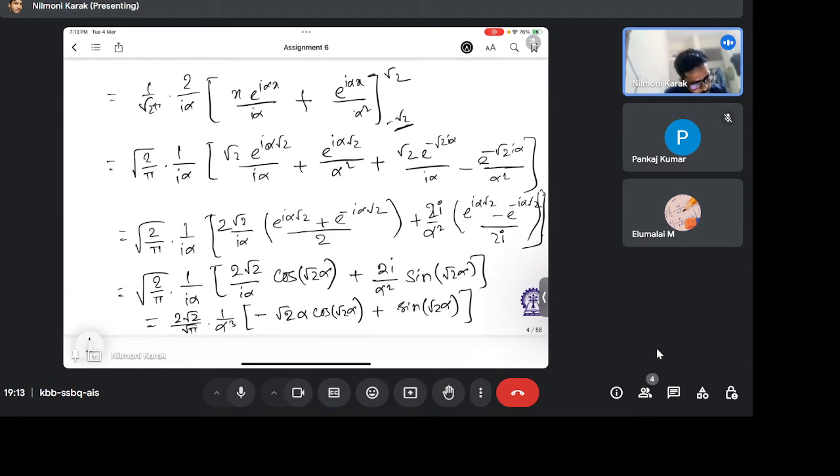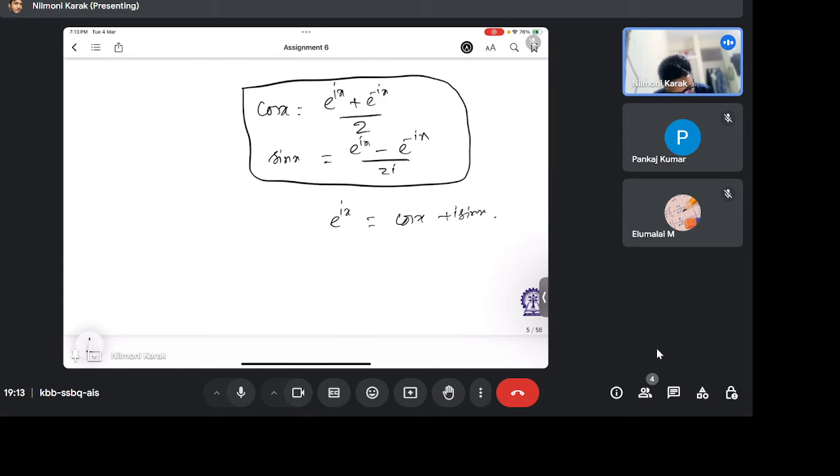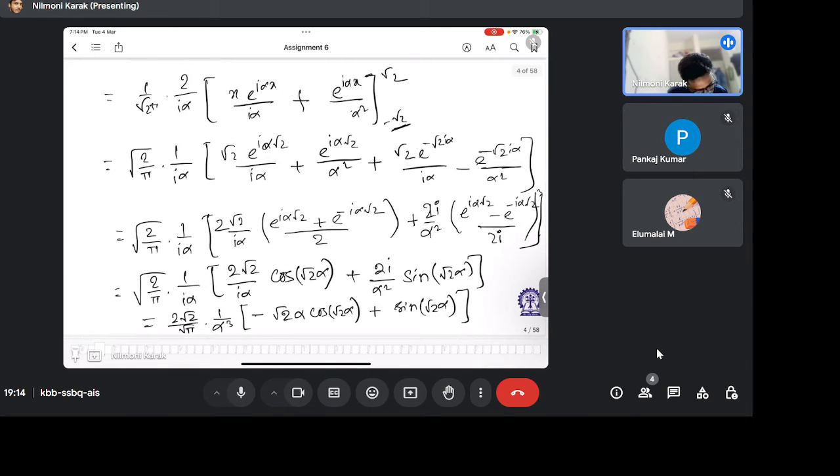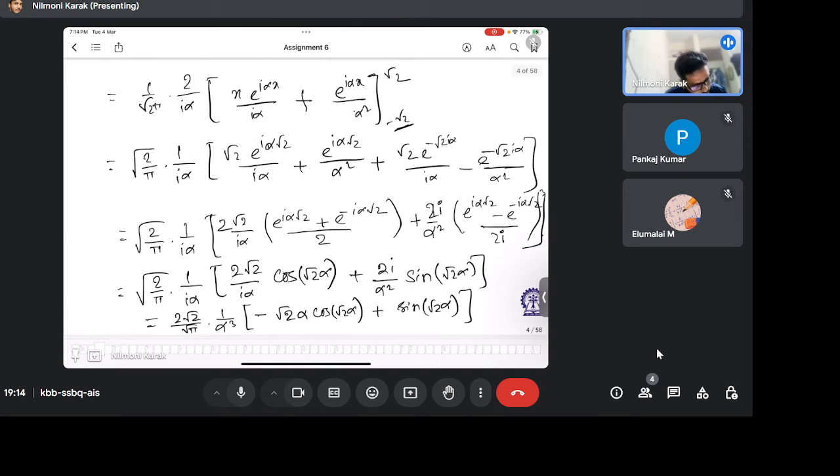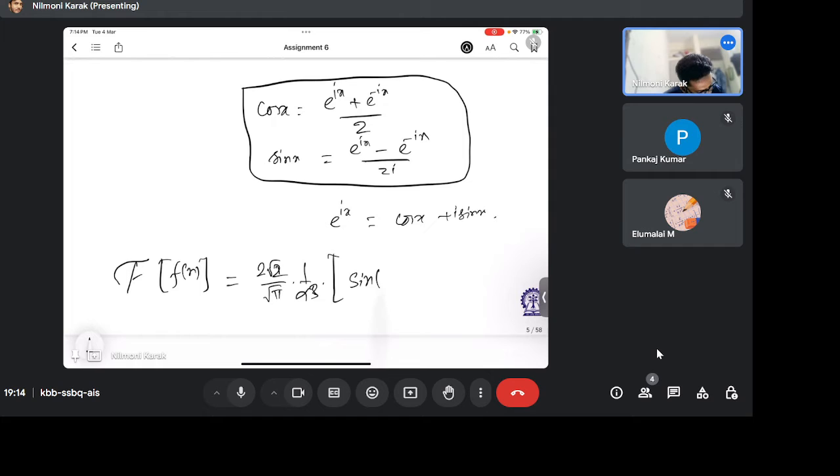Let me write the final answer. The Fourier transform of f(x) is 2 root 2 by root pi, 1 by alpha cube, into sine root 2 alpha minus root 2 alpha cos root 2 alpha.